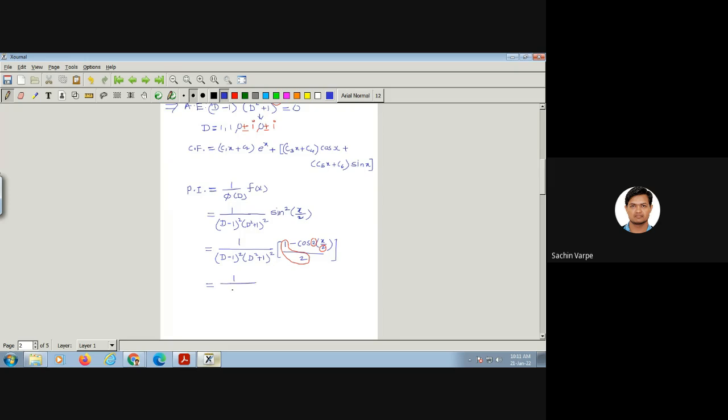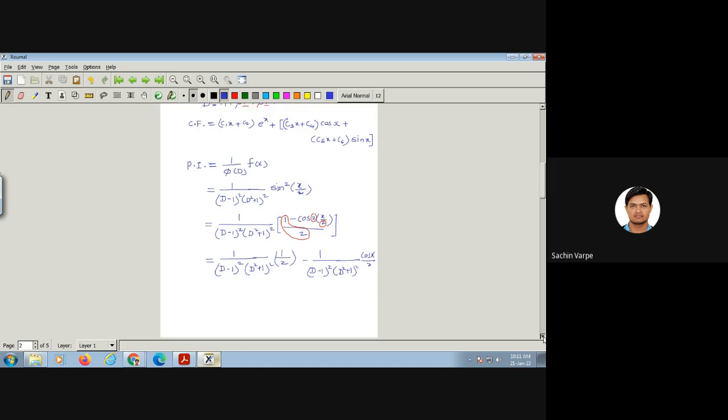So 1 upon (D-1)^2 (D^2+1)^2 into 1 by 2 minus 1 upon (D-1)^2 (D^2+1)^2 operated on cos of x by 2.